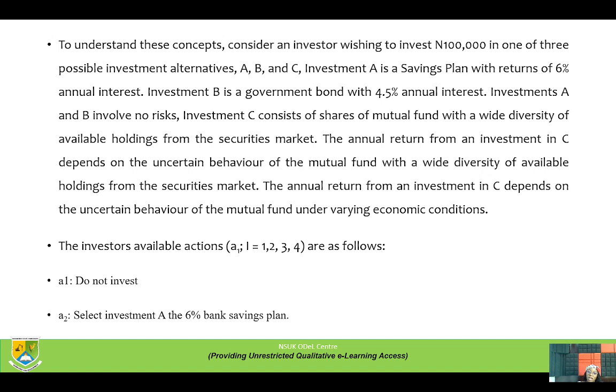Investment B is a government bond with 4.5% annual interest. Investments A and B involve no risks. Investment C consists of shares of a mutual fund with a wide diversity of available holdings from the security market.